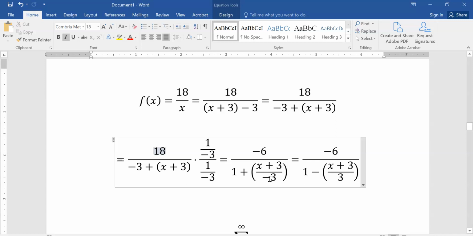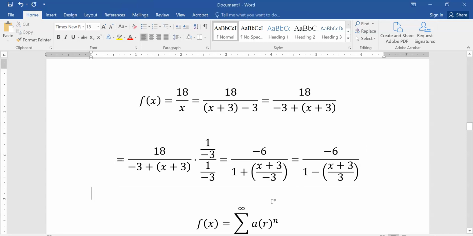And obviously this negative sign in the denominator is really handy, because when we're adding and we have a negative sign in the denominator, I can just pull that negative sign out and make that a 1 minus quantity x plus 3 over 3. So what's that mean our function is?